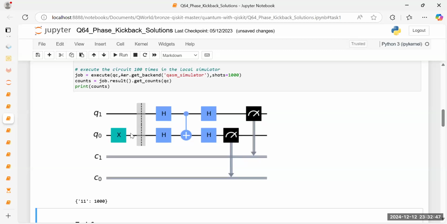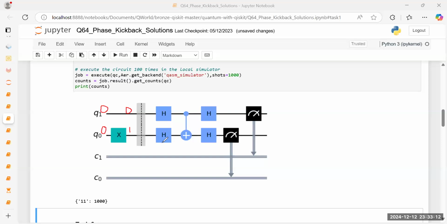Okay, so this is our circuit. When we initialize our circuits, we obviously start off with 0, 0. But because we want 0, 1, we'll apply an X gate here, and then we have 0, 1.